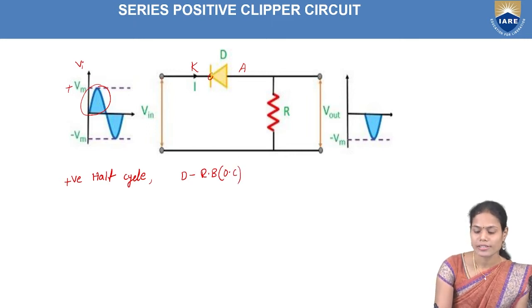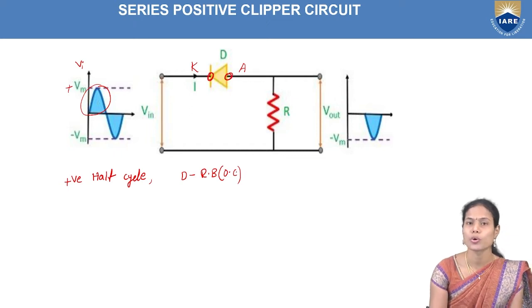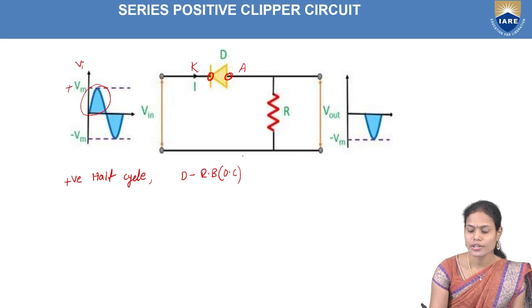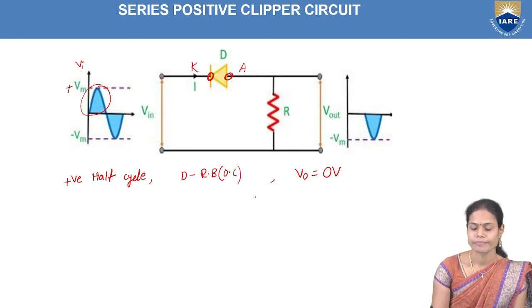So the diode is open. Once the diode is open, there is no signal passing through the resistor R. So my output voltage during the positive half cycle is 0 volts.